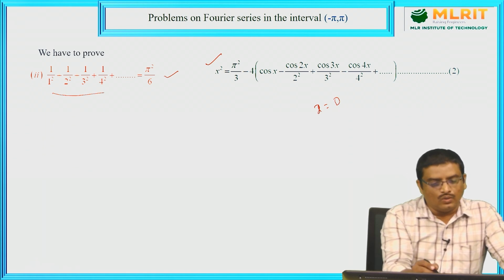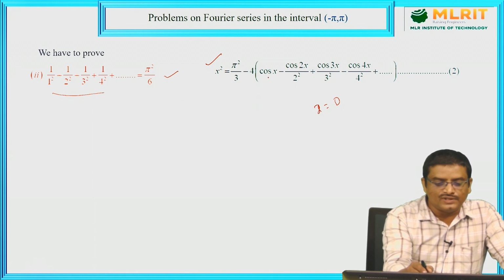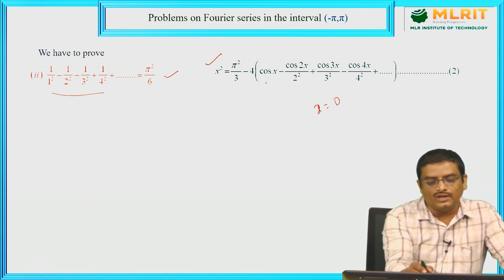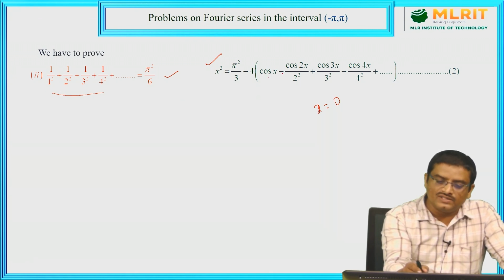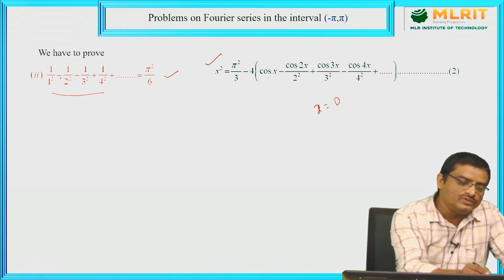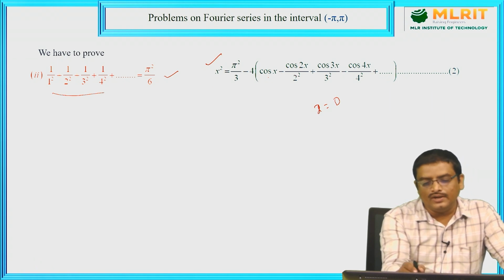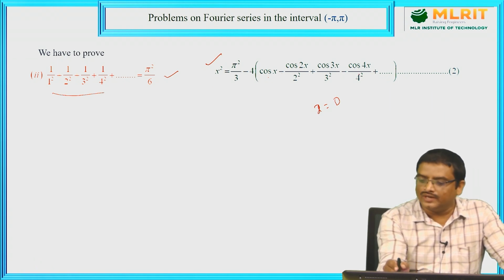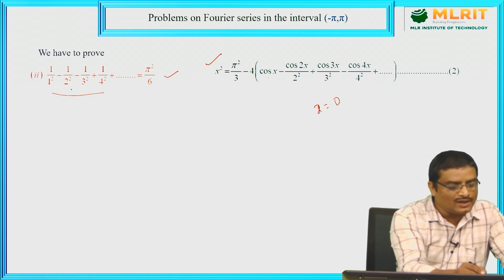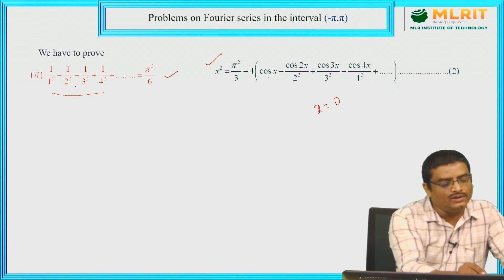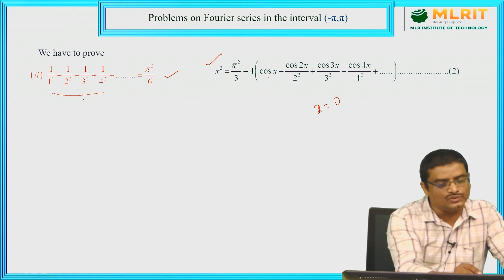Now, if you observe this one, for the first term here we are having positive sign, and for the second term we are having negative sign. We have to convert that negative sign into a positive sign. Here alternatively plus and minus we are having in the series we got, and here in the condition we have to prove, in all the terms we are having a positive sign.